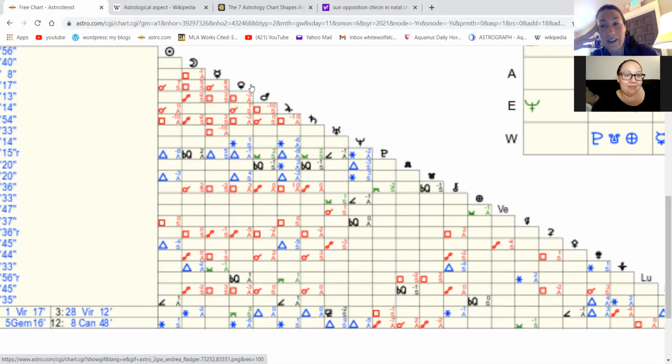Or this person has a lot of conjunctions because all their stuff is on one side of their chart, so they're hyper-focused in this part of life, and they have all these planets in power with each other that helps them accomplish that one area of the chart. But all your squares, you could do a tally mark of the major aspects: one for conjunction, another column for oppositions, and you can literally check them off and add them up.